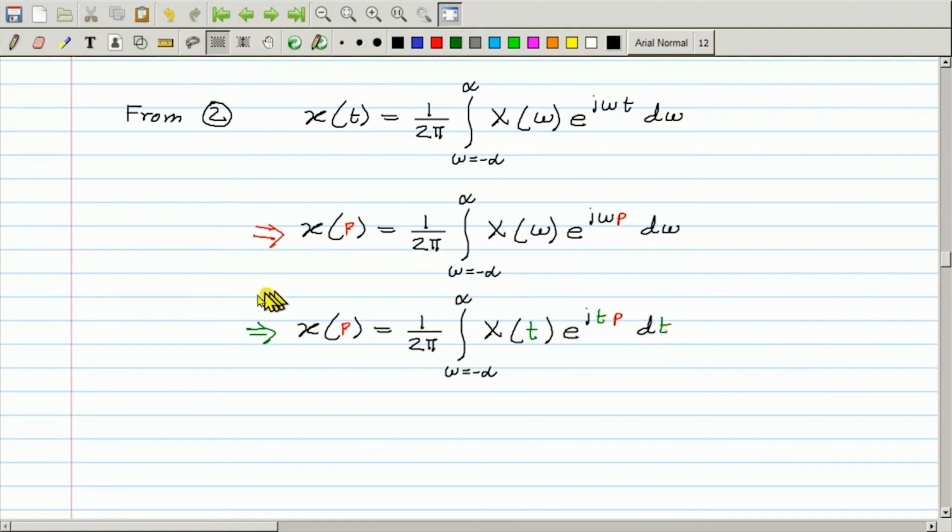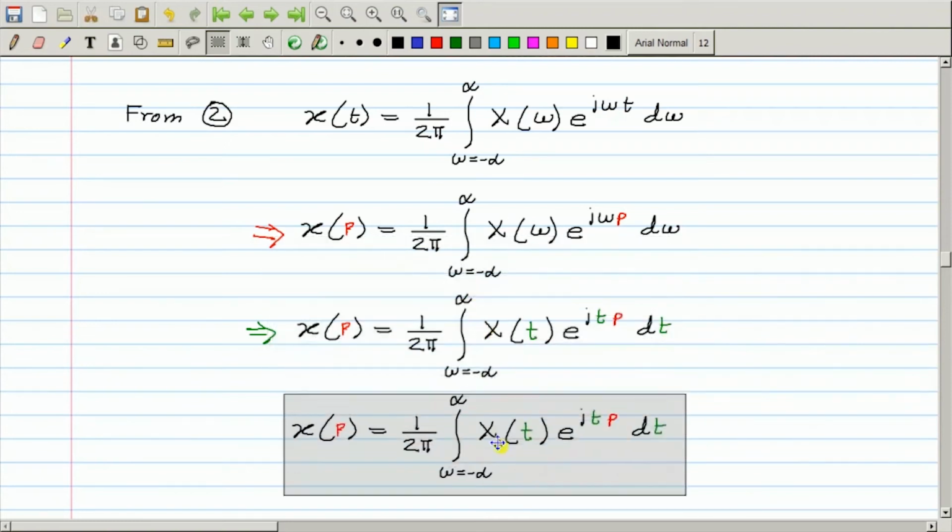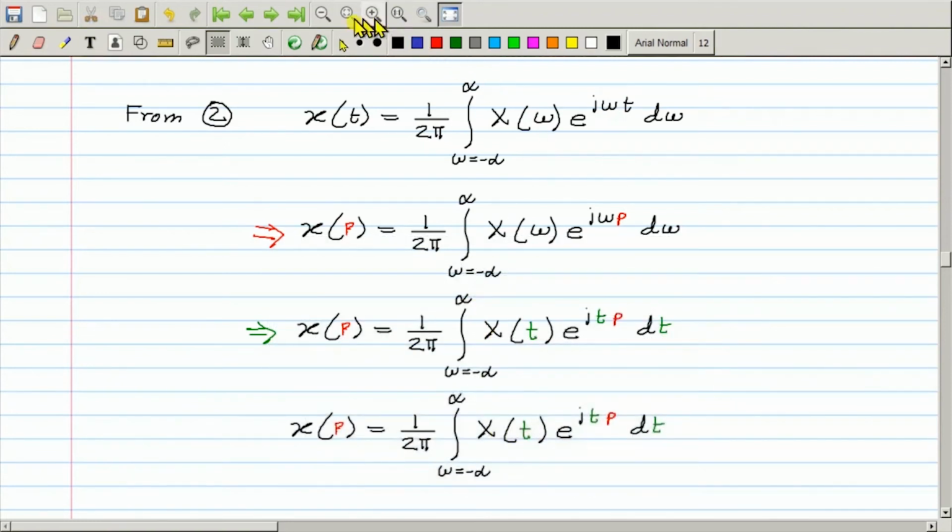And then copy this equation again, and now I shall replace the variable p both in left and right side with a new variable, and I will call it omega.